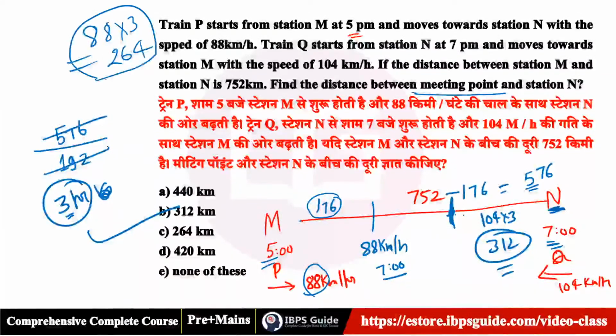You did this, but that's M to the meeting point, and it's not only this, it's 264 plus 176. So you calculated M to the meeting point, but it's not exactly correct, because it is 264 plus 176, right? Because that is M to this, but we need to find N to this. Did you get it now? Okay, let's see the next one.